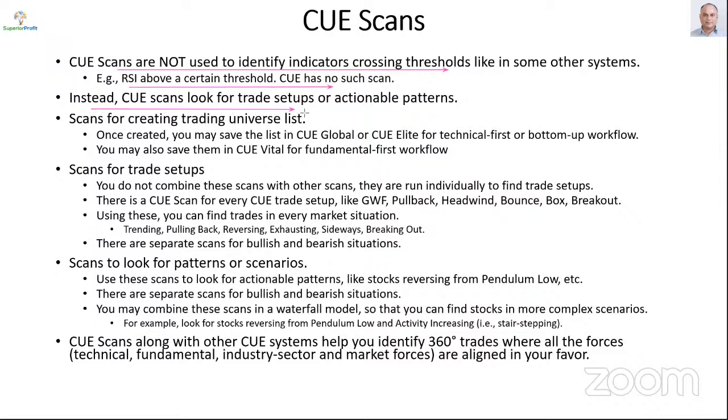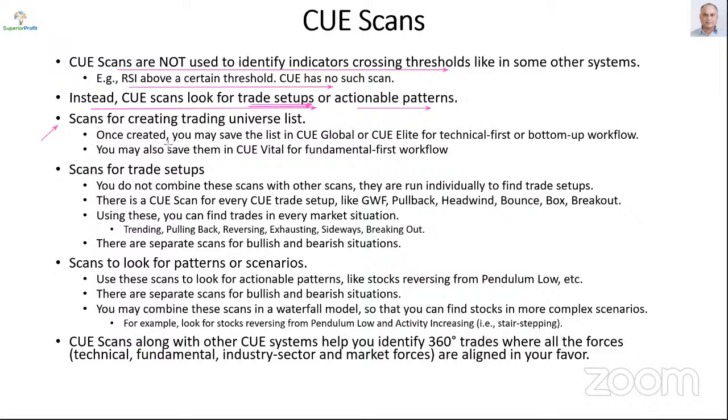Instead, Qscans look for either trade setups, looking at as many factors of the trade setups, unambiguous checklist conditions as are possible programmatically. They look for trade setups or certain actionable patterns. There are three kinds of scans.